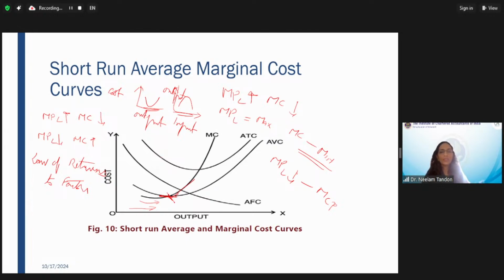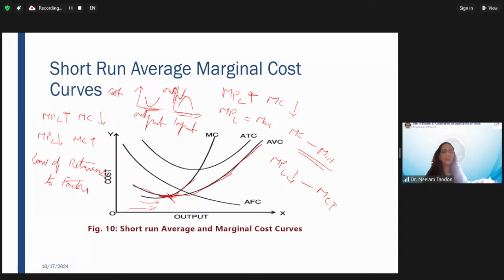Now talking about AVC, this AVC is also U-shaped. But what is the concept of AVC here?